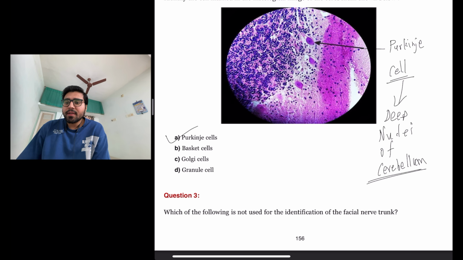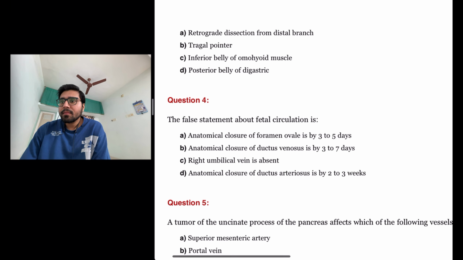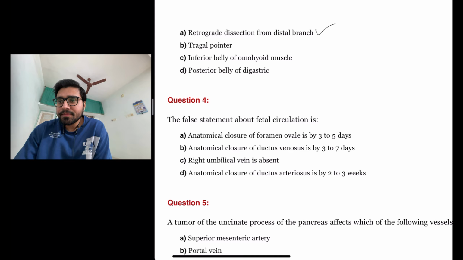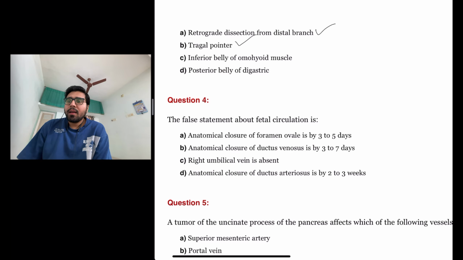The next question is, which of the following is not used for the identification of the facial nerve trunk? Retrograde dissection from the distal branch, this one is absolutely true. The second option is tragal pointer, this one is also true. Third one is the inferior belly of omohyoid muscle, so this one is false actually.